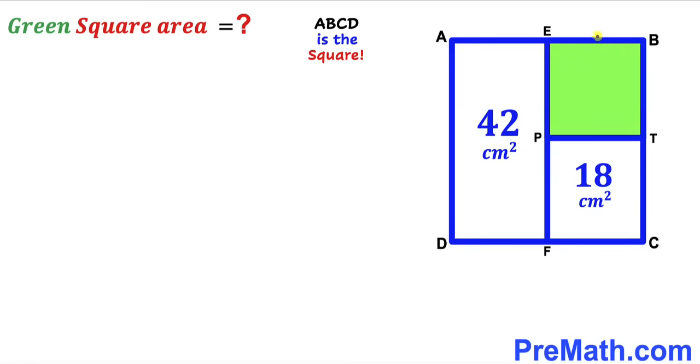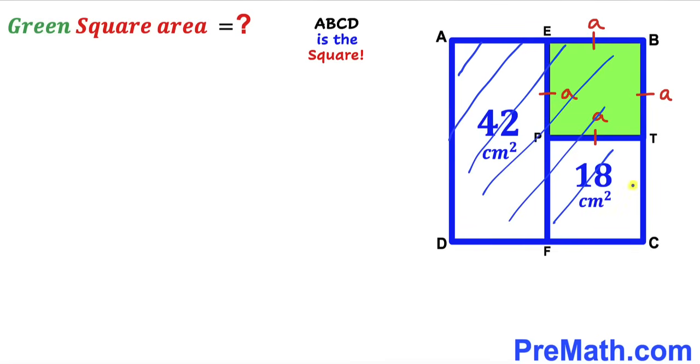We know this is a square, so all these side lengths of this square are going to be equal. If I label this side length as lowercase a, then this side length is going to be lowercase a, and lowercase a across the board. And now let's focus on this big blue square ABCD.